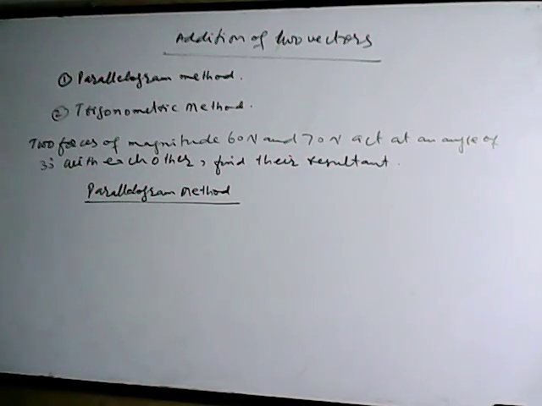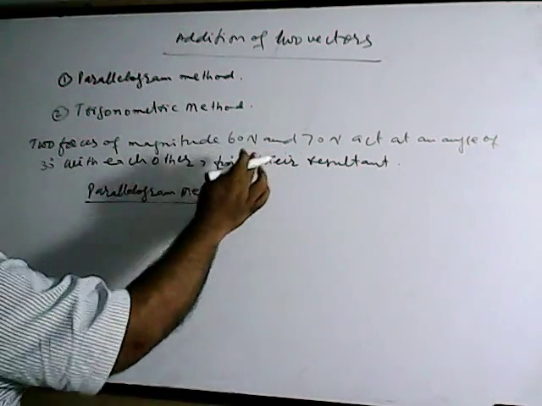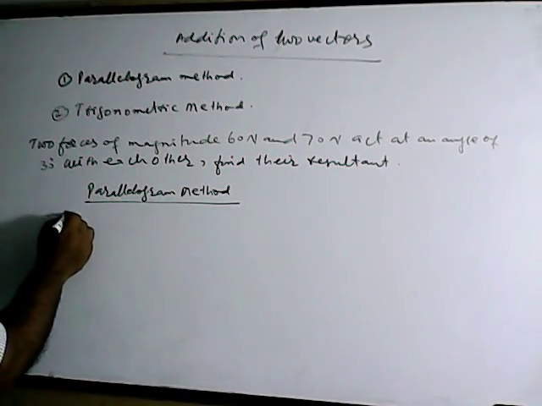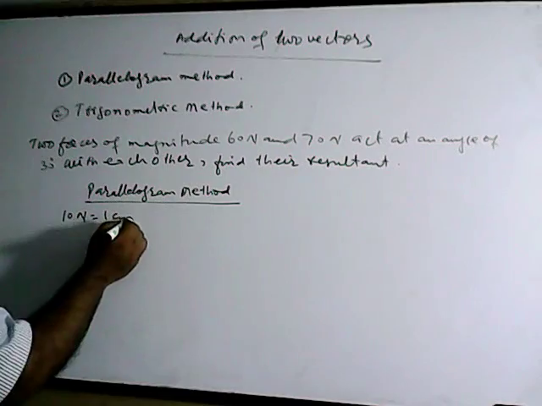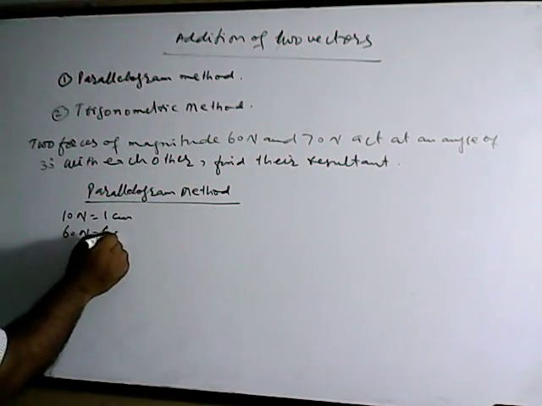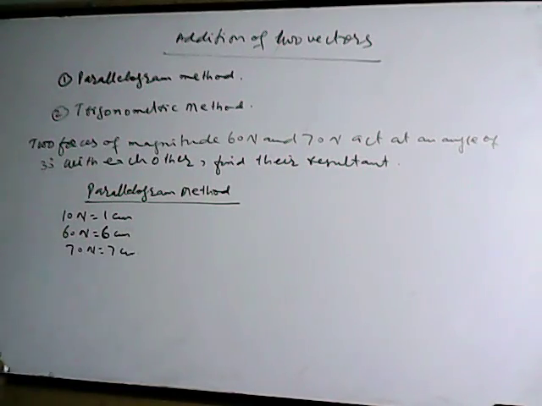I have solved this question on the paper, and then I am just giving you the measurements you will obtain. So I'll set a scale which divides both 60 Newton and 70 Newton. Suppose I set 10 Newton equal to 1 centimeter. So 60 Newton will be 6 centimeters and 70 Newton will be 7 centimeters.